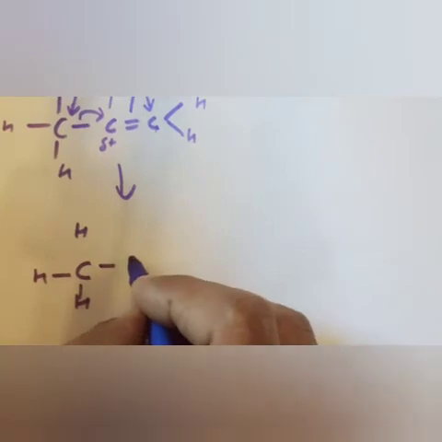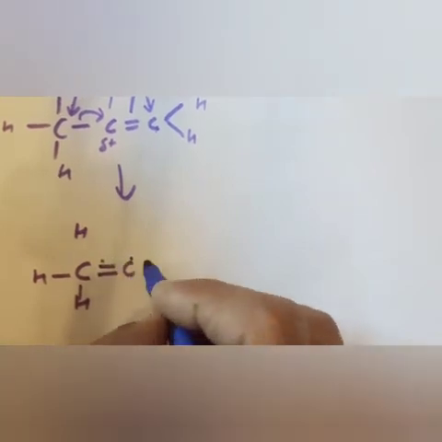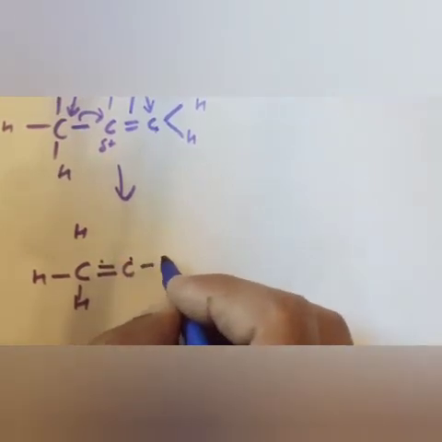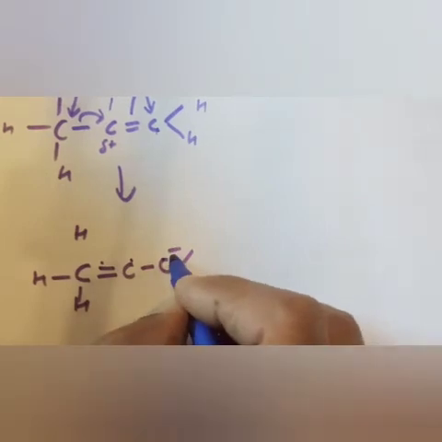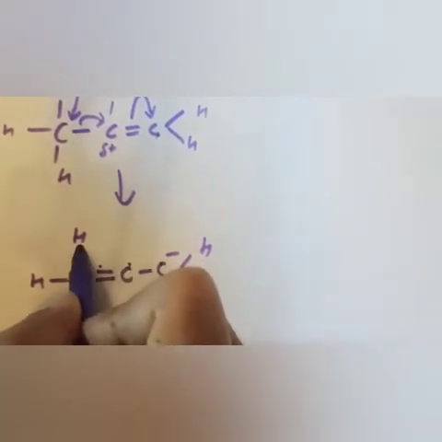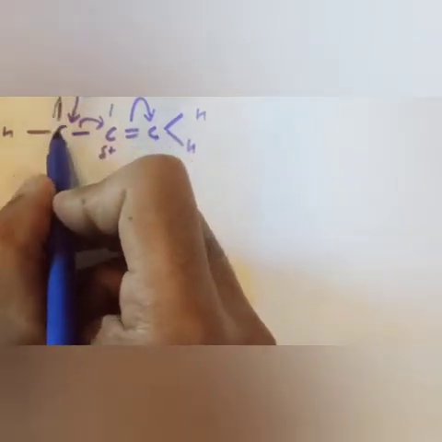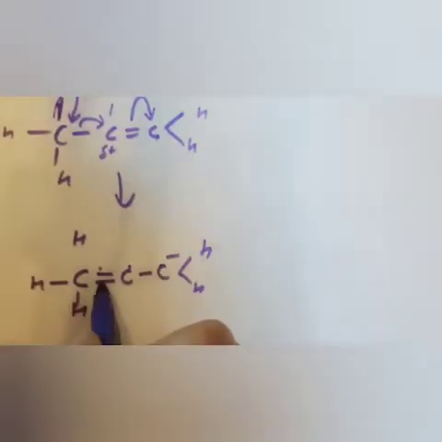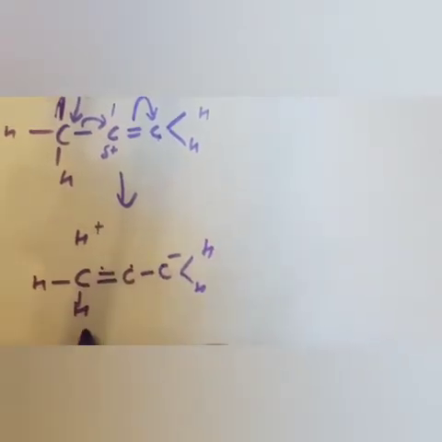So in this way we will get this kind of structure, where now here it will be a double bond, and this carbon will be negatively charged. Now you can see that the bond which was between carbon and hydrogen has converted into a double bond, and there is no bond between this carbon and hydrogen now, and this hydrogen becomes positive.